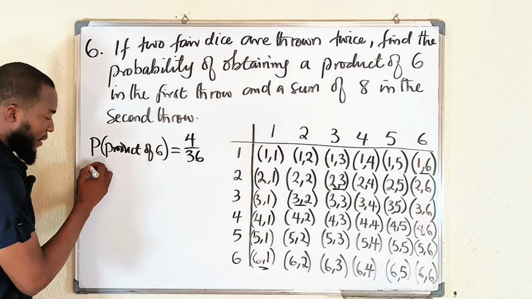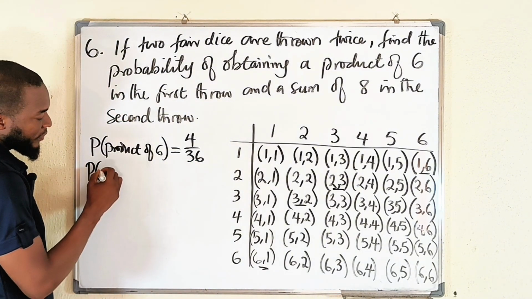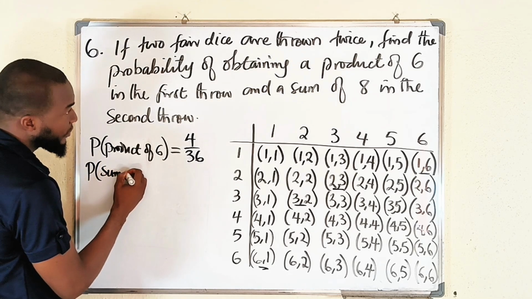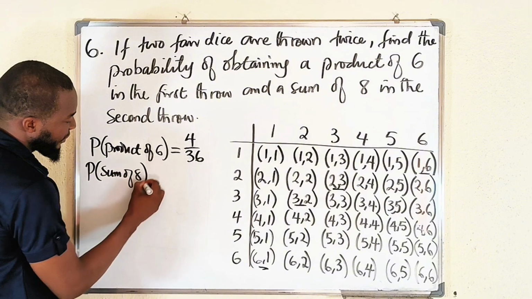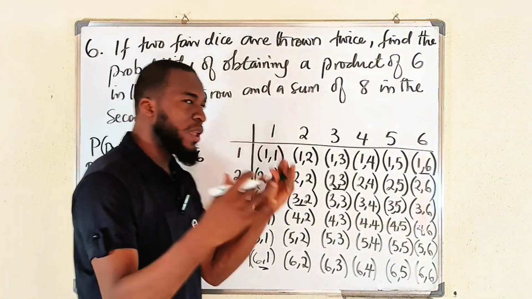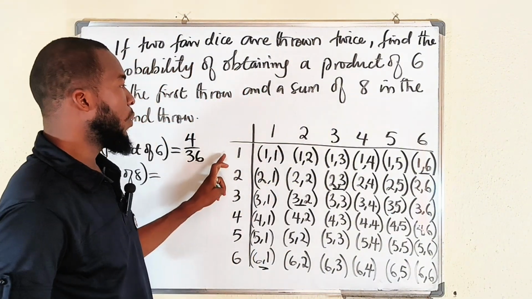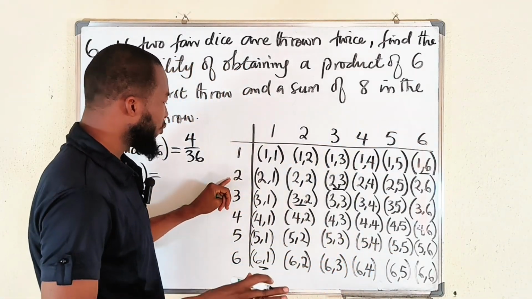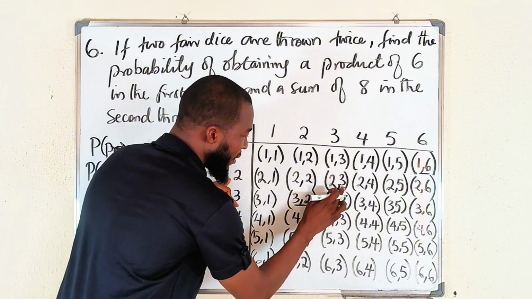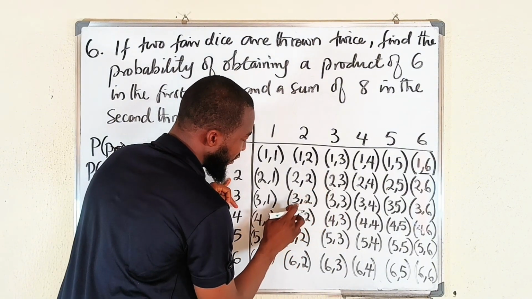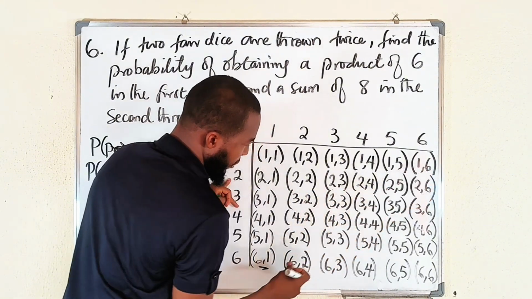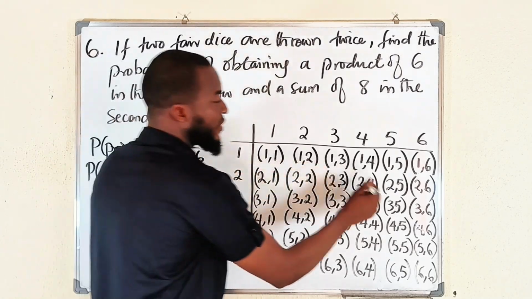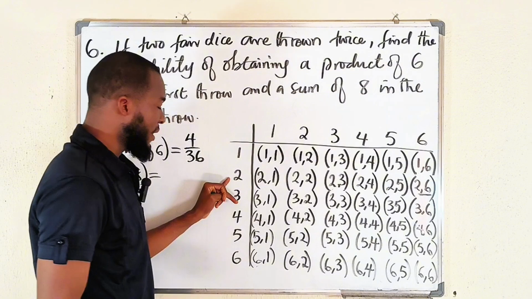All right, then the probability of getting a sum of 8. Where can we add to get 8? 1 plus 6 will only be 7. But we know that 2 plus 6 is 8, so we have 1 here, right?